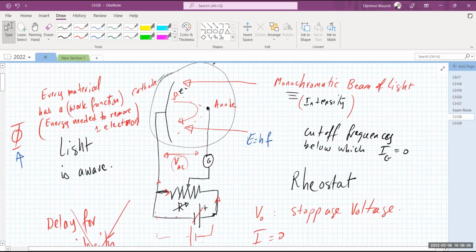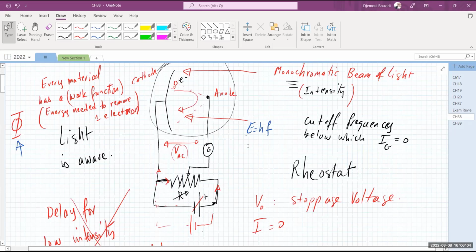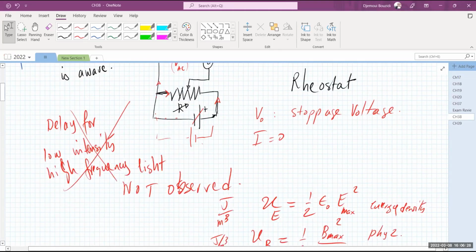So Mr. Einstein immediately picked up on a formula that Mr. Planck came up with, namely that the energy of this photon is proportional to the frequency. Furthermore, the stoppage voltage is proportional to the frequency. What is the stoppage voltage? I think we did it at some point.